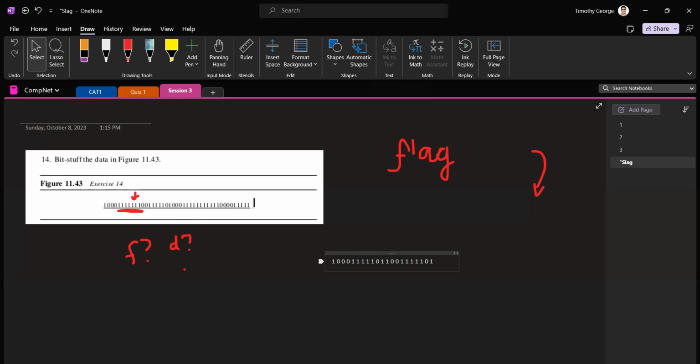Then again, you have a zero. Again, you have a 1. As long as it's less than 5, it doesn't matter. Again, you have another set of 1s. Here you have 11. The first 5, 1 2 3 4 5, you will put a zero. Then another 5, 1 2 3 4 5, then another zero, and then finally the last 11th one.